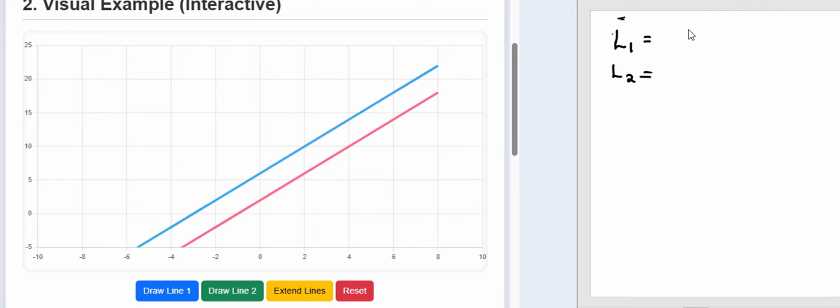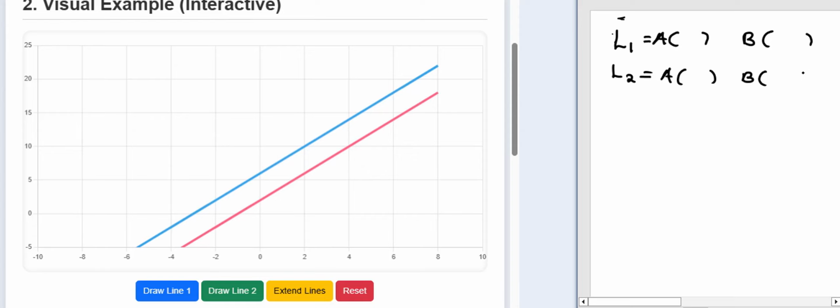So, I want to pick 2 points on each of the lines, which I can call point A, which will have certain coordinates, and point B, which will also have certain coordinates. And I do the same for line 2.